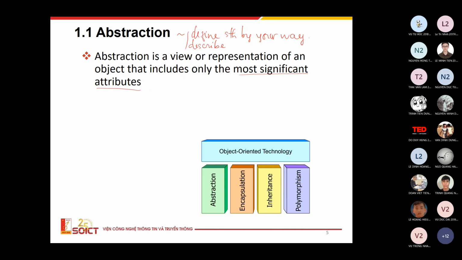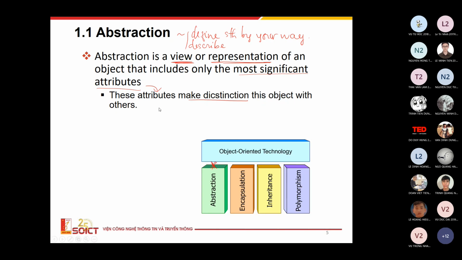Okay. Thank you. So it's just the way you describe, view, or represent something. And it is one of the very important principles of OOP. And be careful that the most significant attribute or property means the property that can help you make the distinction of this object from the others.